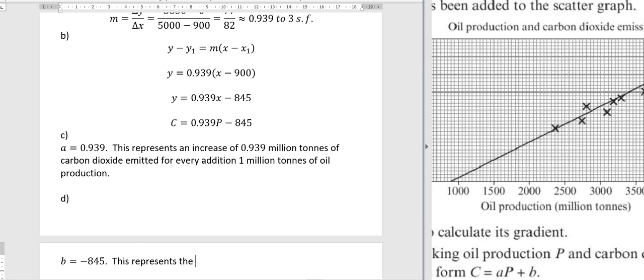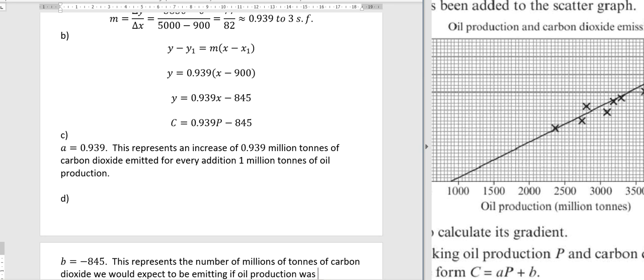This represents the number of millions of tons of carbon dioxide we would be emitting if oil production was exactly 0 million tons, which is the same as 0 tons. So if we're not producing any oil, we would be emitting negative 845 million tons of carbon dioxide. Does that make sense is the question.